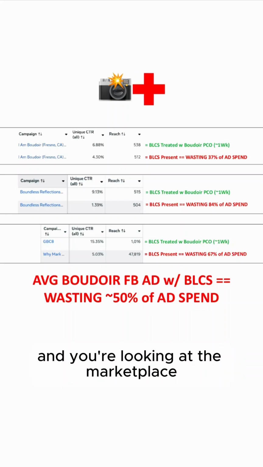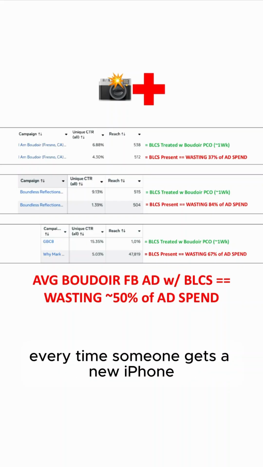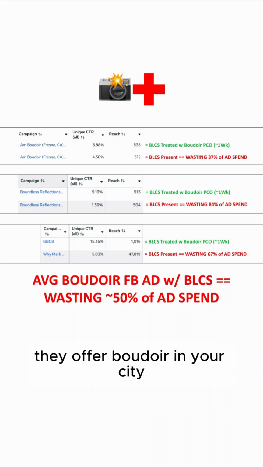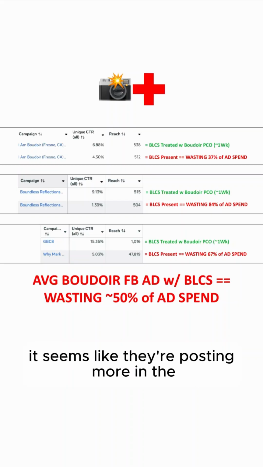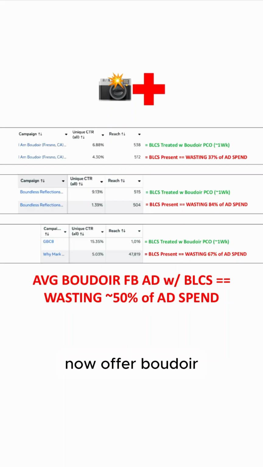and you're looking at the marketplace, seeing it get more and more saturated every single day. Every time someone gets a new iPhone, it seems like a new Google business profile pops up saying they offer boudoir in your city. Or anytime someone gets a new camera, it seems like they're posting in the mom groups about how they now offer boudoir.